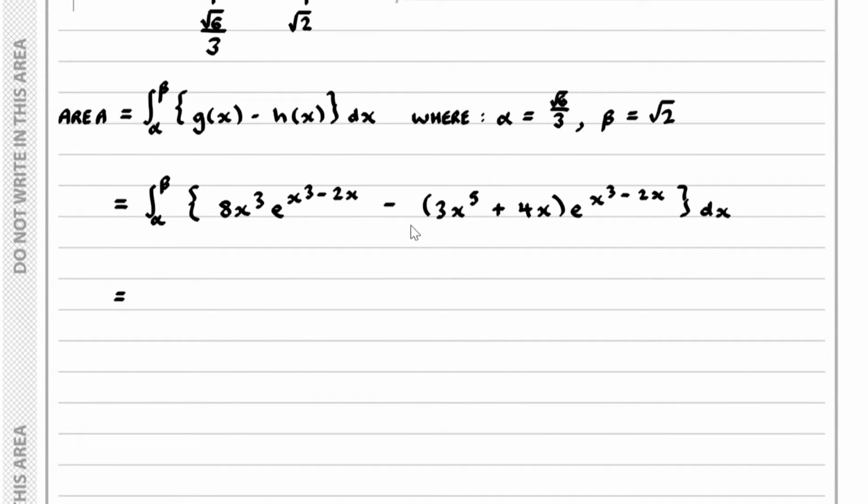Now what we can do is factorize out an e to the x cubed minus 2x, and if we do that, we've got the integral between alpha and beta of 8x cubed subtract 3x to the 5 plus 4x multiplied by e to the x cubed subtract 2x dx.